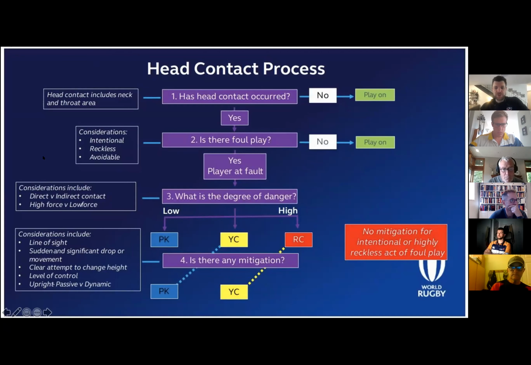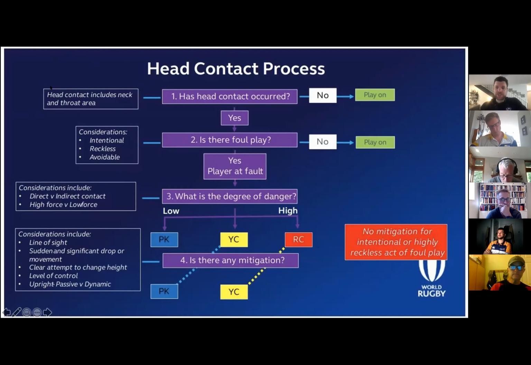I've had 16 votes so far, 17. Waiting for the last couple. All right. I think the power of the crowd is doing well in all of this.